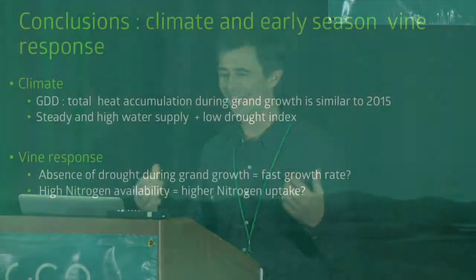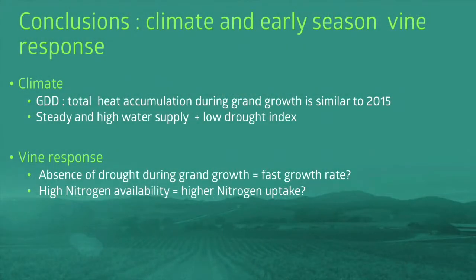But before we dive a bit more into results, let's keep things in perspective. Growing degree day wise, total heat accumulation is similar to 2015, but it was also accompanied with a steady and high water supply plus a low drought index.